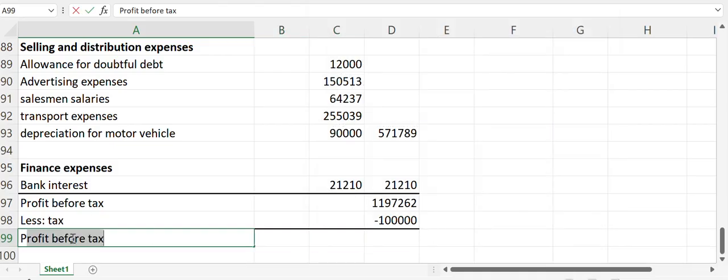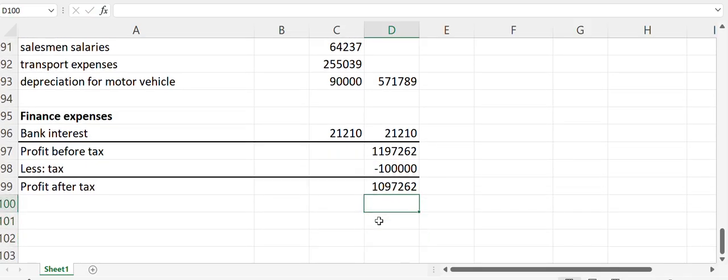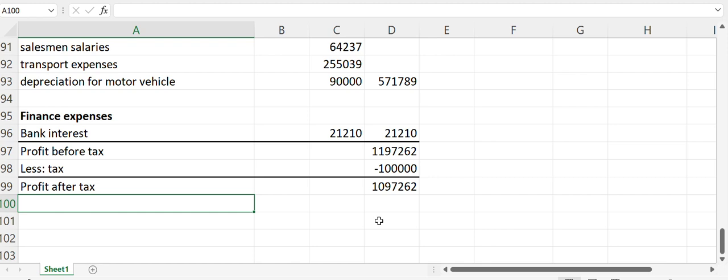So we have profit after tax. Then from there we can less now dividends. Can less dividends.